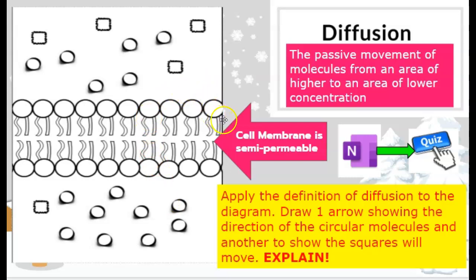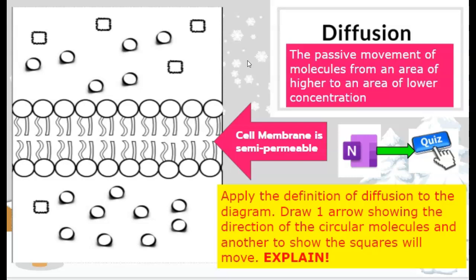That's not true. The cell membrane is semi-permeable. There are molecules that can go through. So for the purpose of your 4B quiz in OneNote, let's assume that both the circular molecules and the square molecules are permitted to go through the membrane.